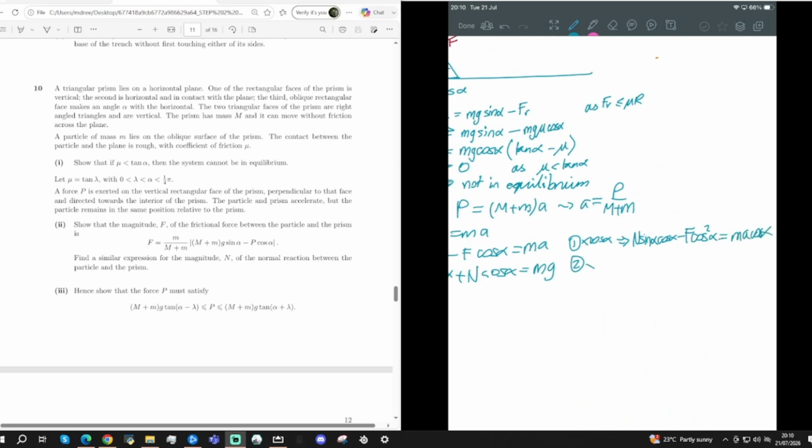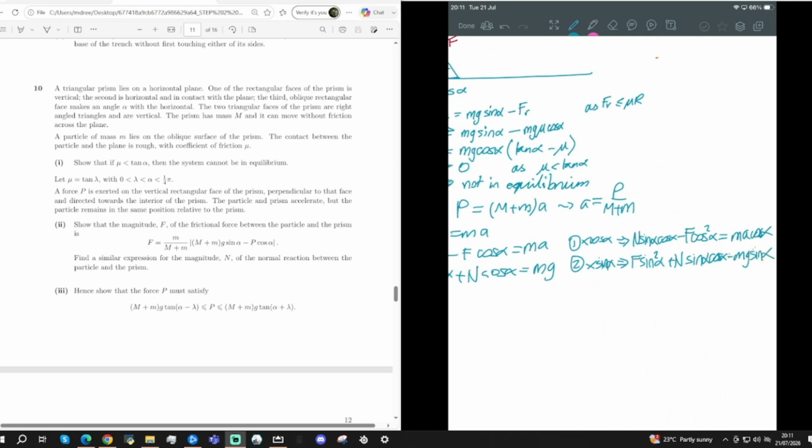I'm going to multiply the second one by sine alpha. So that's going to be f sine squared plus n sine cos equals mg sine.